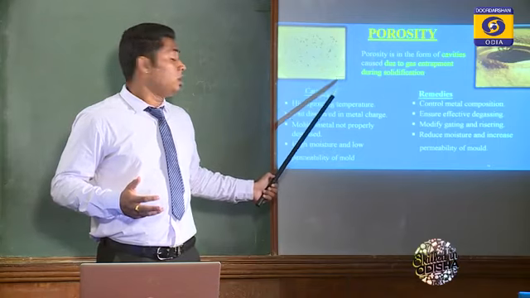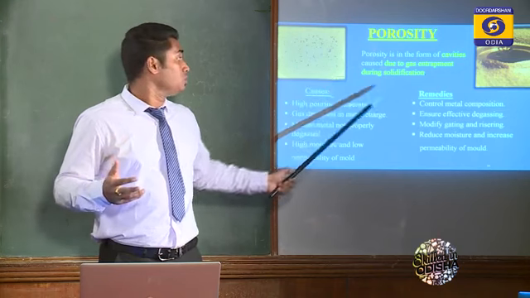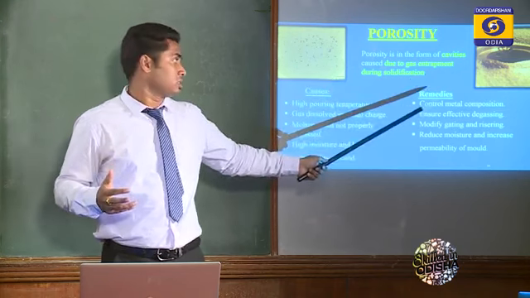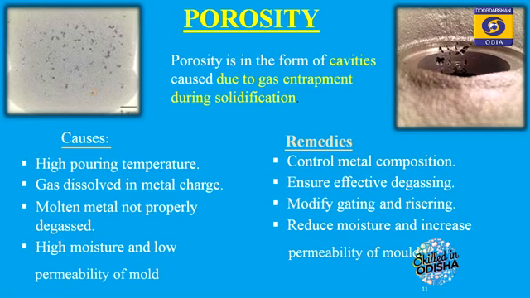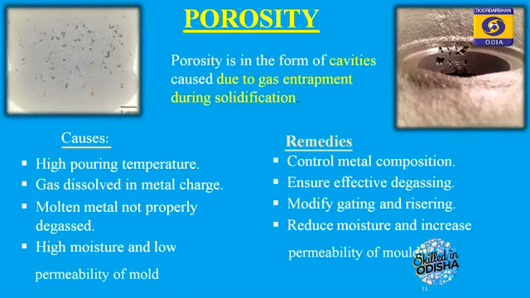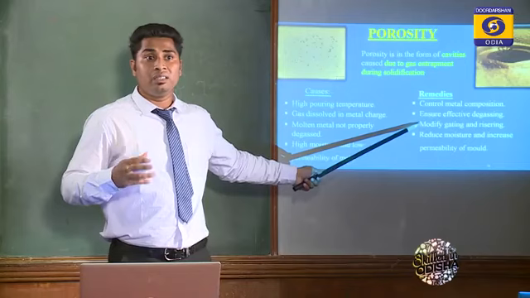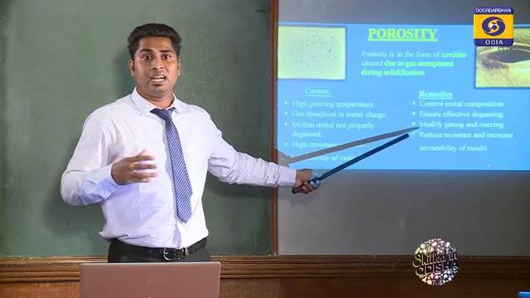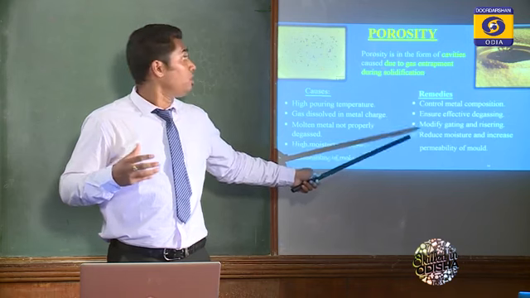To avoid porosity, we have to use these remedies. By properly controlling metal composition and effective degassing, removing the gas present inside the molten metal, we can avoid porosity.